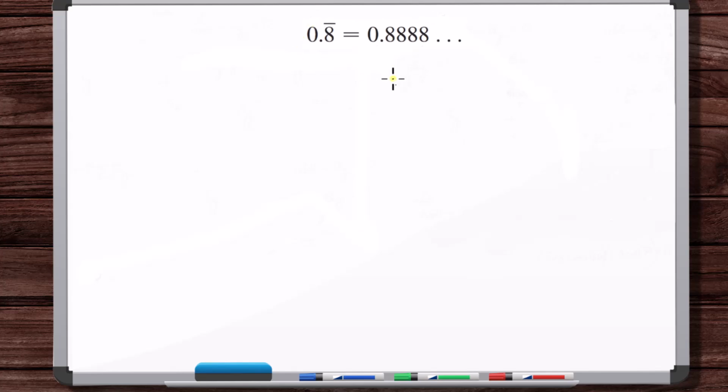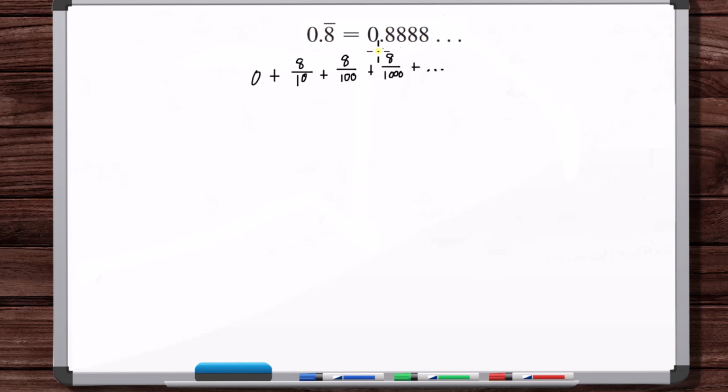So here, what is 0.8 repeating? There's nothing in front, just 0, with no number out here. Plus 8/10, plus 8/100, plus 8/1000, all the way to infinity.